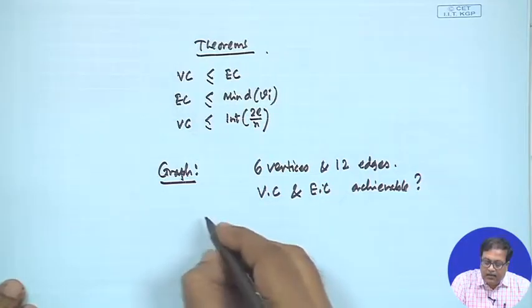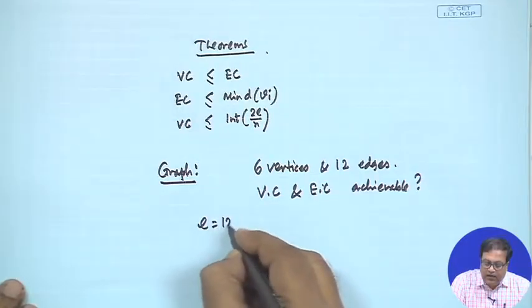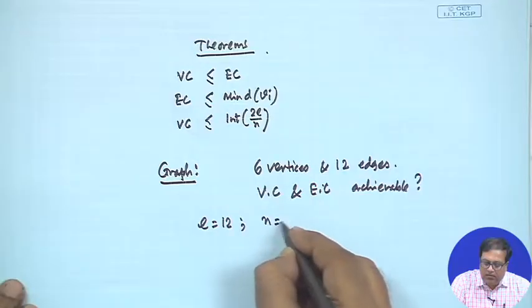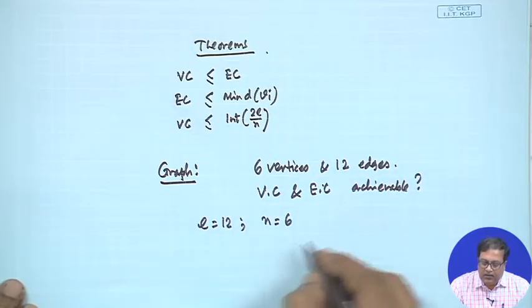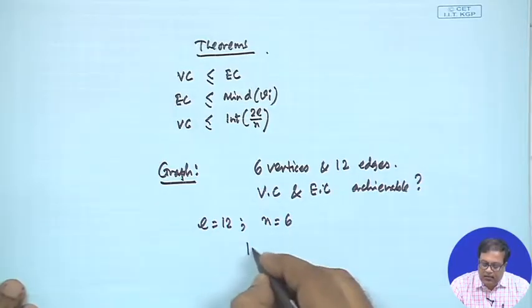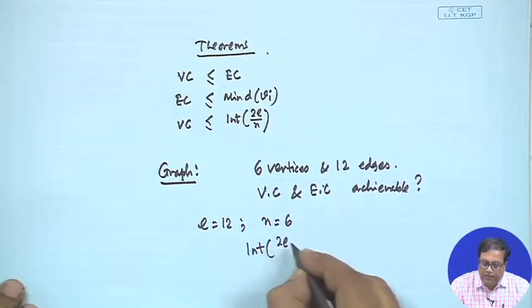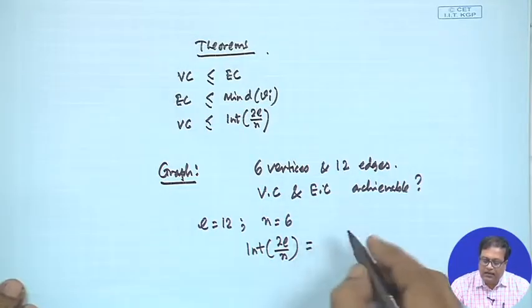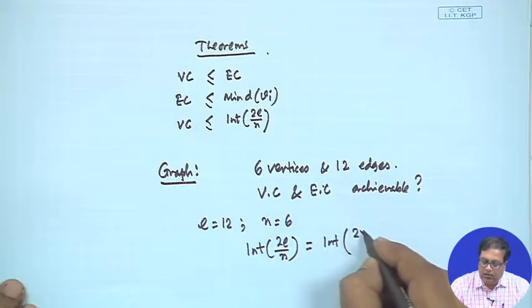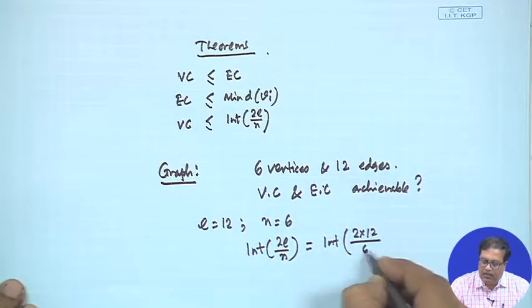So, here E equals 12 and n equals 6, because there are 12 edges and 6 vertices. So, what is the integer part of 2e by n? It will be the integer part of 2 into 12 by 6.